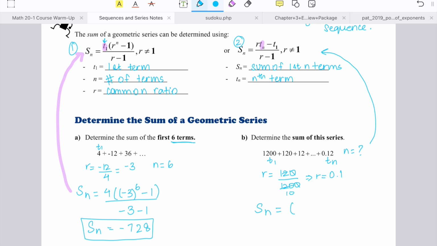Sn is equal to r, which is 0.1, times Tn, which is 0.12, minus T1, which is 1200, divided by r minus 1, so 0.1 minus 1.